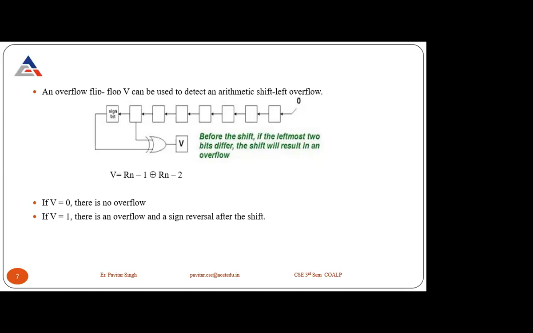If these two bits are not the same, you will always get an overflow in V. I hope the concept is clear. If V equals 0, there is no overflow. If V equals 1, there will be an overflow. So there will always be a sign reversal after the shift.